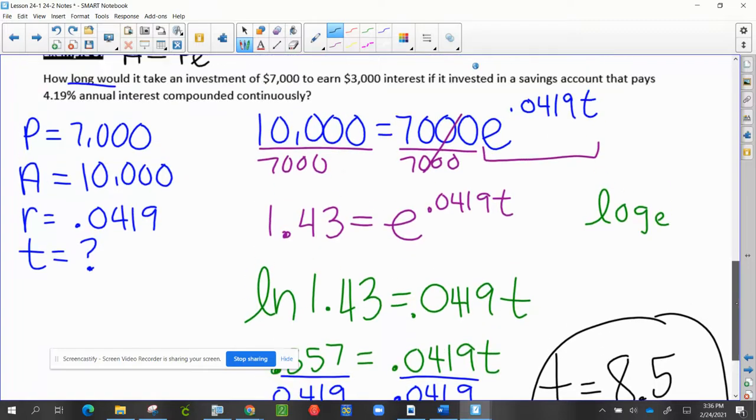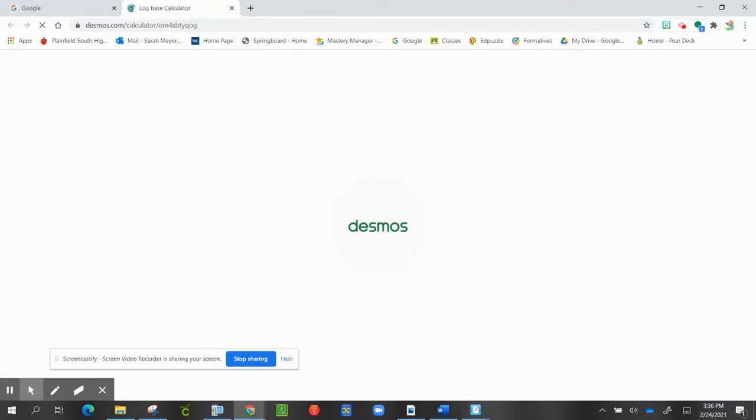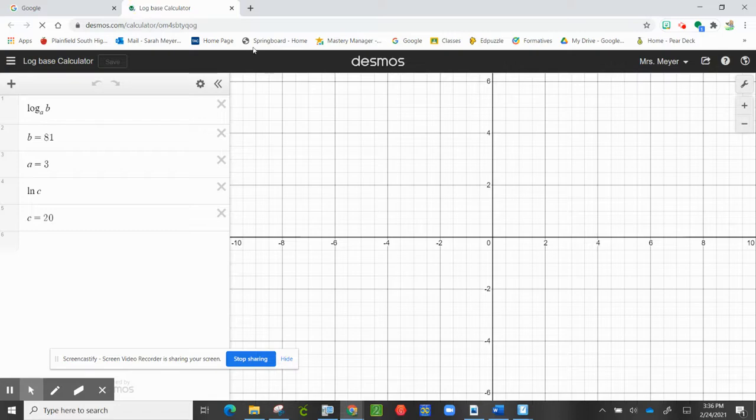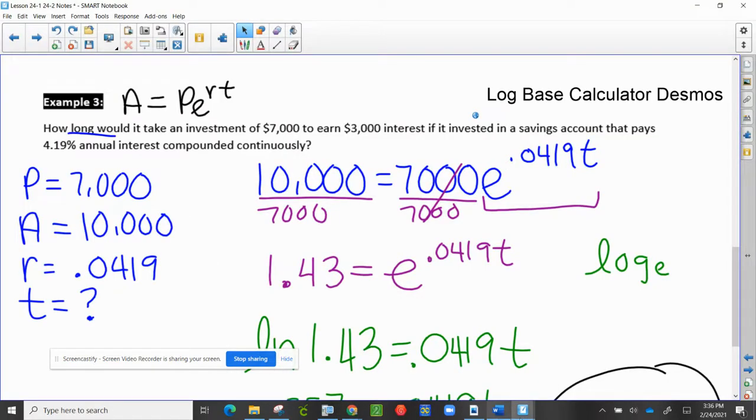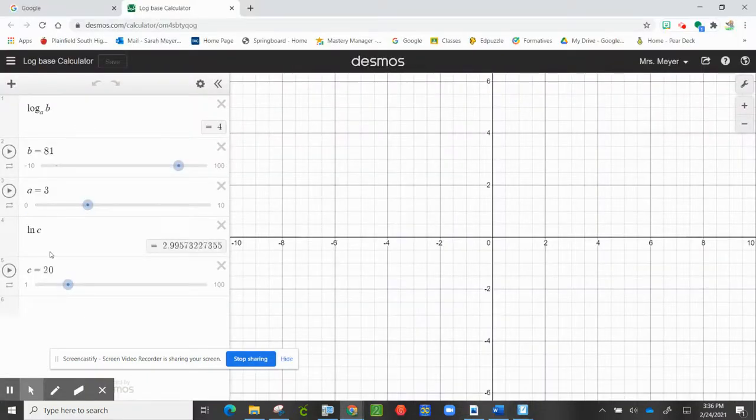Now, if you don't have a calculator that can do LNs, you can still use the log-based calculator that I made for you guys. You would have to do the natural log of 1.43, so you have to use the LN calculator.